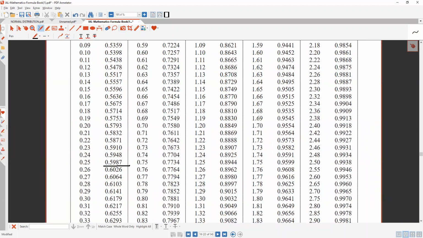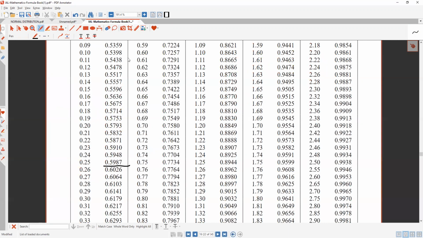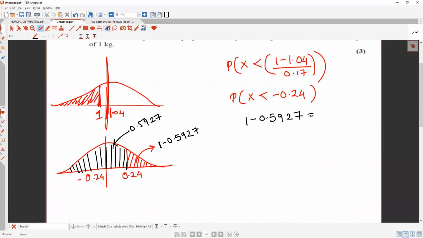How much is it? 0.5927. So this is 0.5927, right? How much will this be? 1 minus 0.5927. Clear? Is it 0.5948? Is it 0.24 or 25? Okay, 0.5948 then.